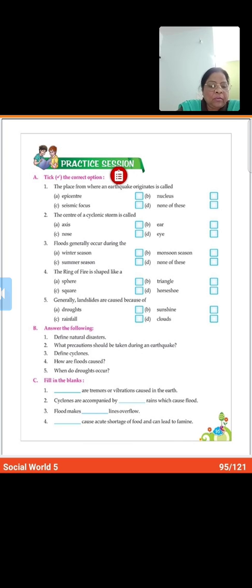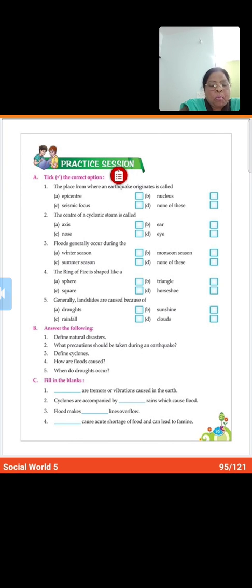The place from where an earthquake originates is called, see the options: epicenter, then nucleus, then seismic focus, none of these. So what is the correct option? C, that is seismic focus.